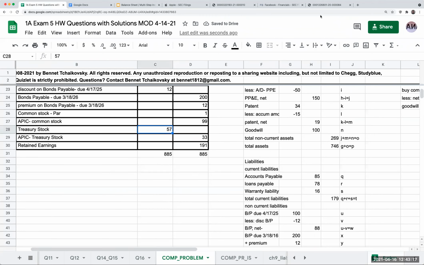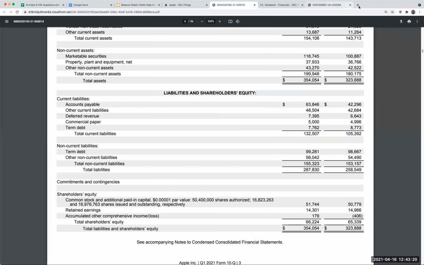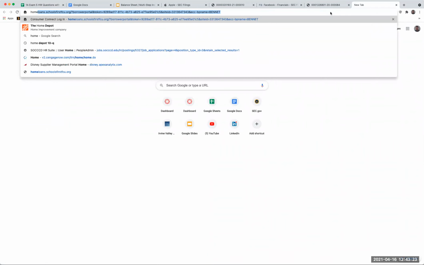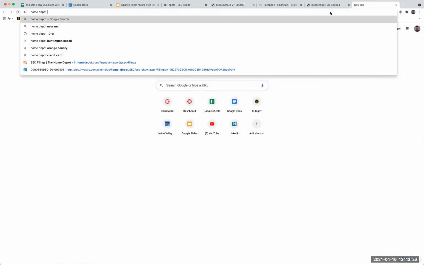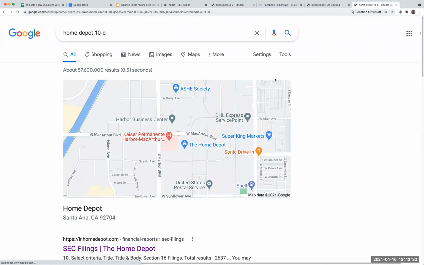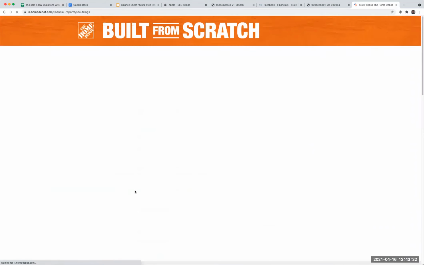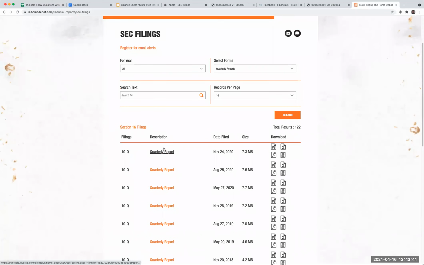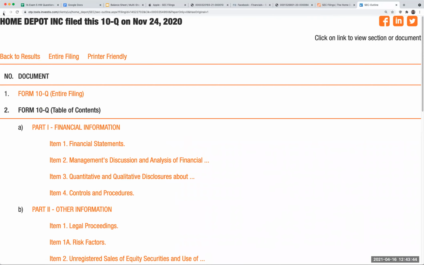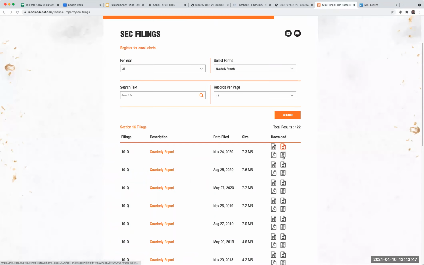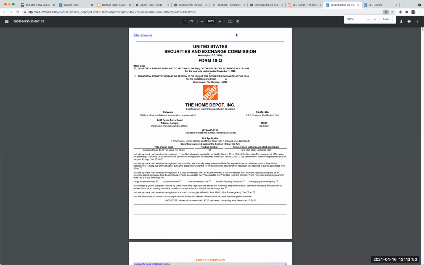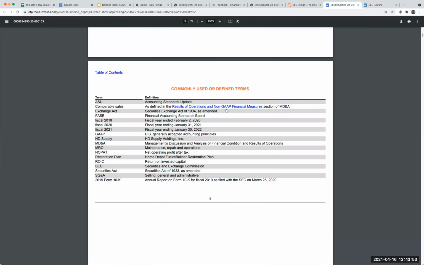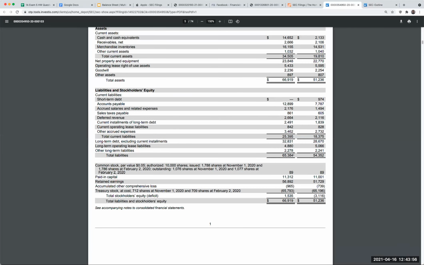Okay, treasury stock. What exactly is treasury stock? Well, the best company to look at is Home Depot. If I go to the SEC filings of the Home Depot and look for quarterly reports, and I go to the PDF, and I go to the balance sheet of the Home Depot, what you're going to notice is treasury stock.